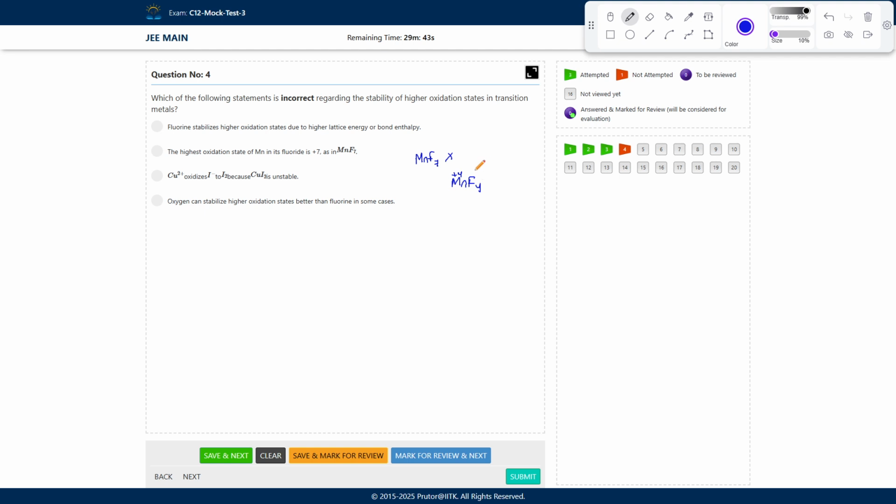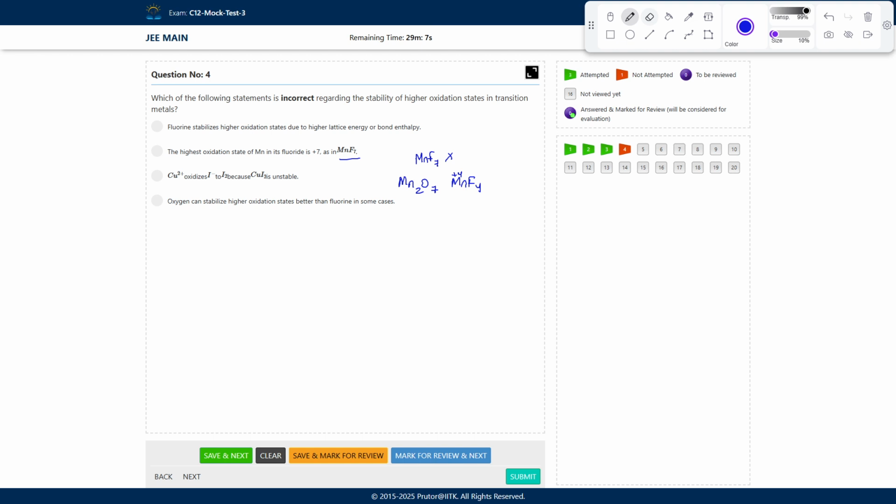So it forms MnF4, not MnF7 as given here, and +7 is achieved in oxides, where manganese forms Mn2O7, and not in a simple fluoride. So in the oxides, manganese attains its highest possible oxidation state, that is +7, but in the fluoride cases manganese achieves +4 as its highest oxidation state, in a compound like MnF4, not MnF7.